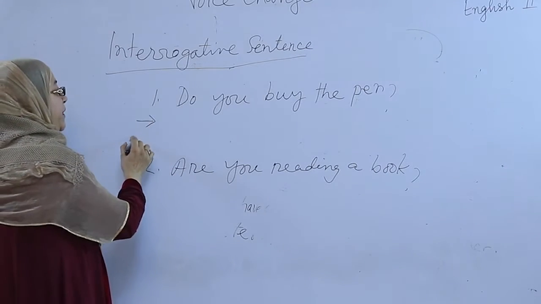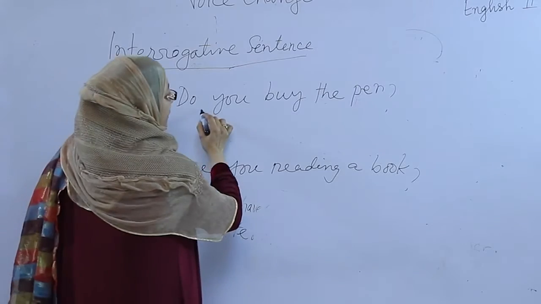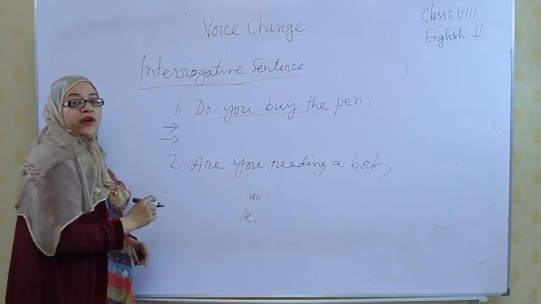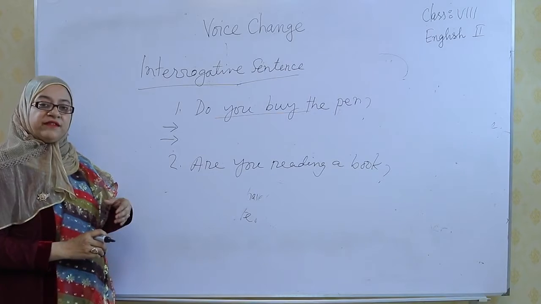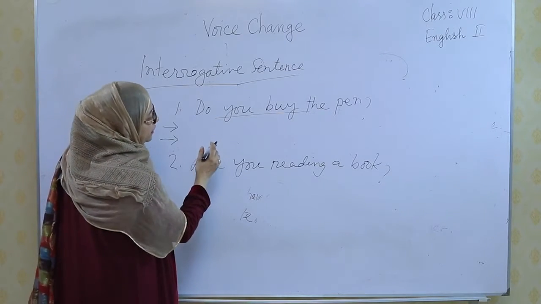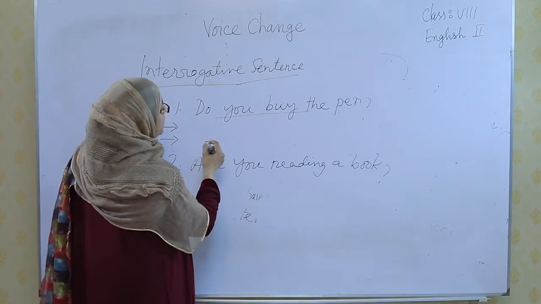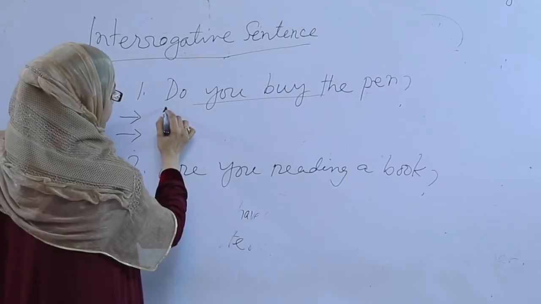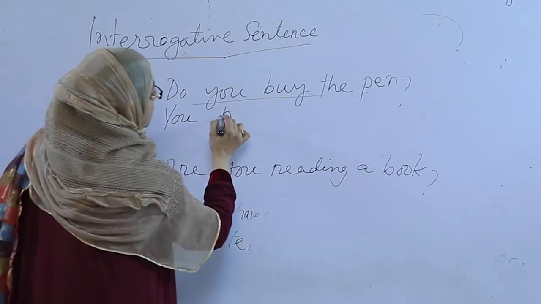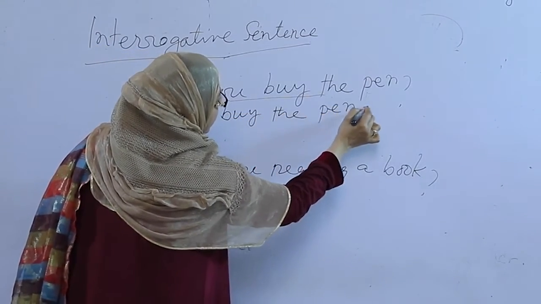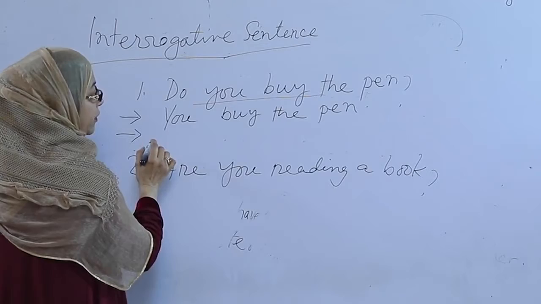If you turn it into passive, at first you make the sentence an assertive sentence. If you turn it into an assertive sentence, then it is very easy to change it into interrogative. So, I change it into an assertive sentence.